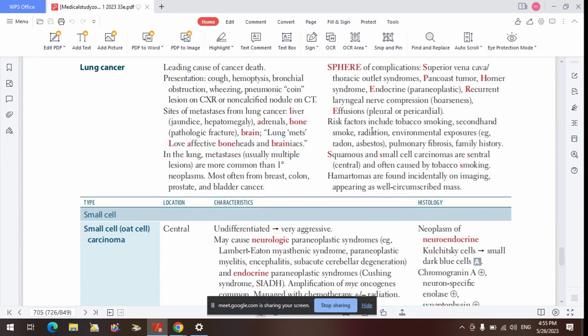The component will be the pleural fluid LDH, where we said it is transudative if it's less than two-thirds of the upper limit of normal LDH, then it is exudative if it is greater than two-thirds of the upper limit.